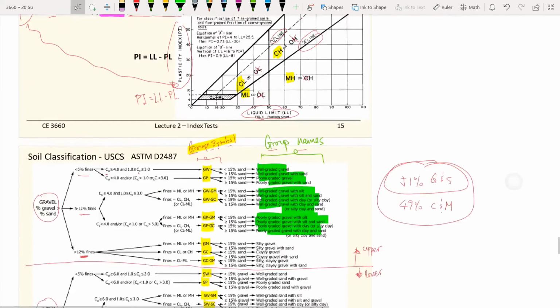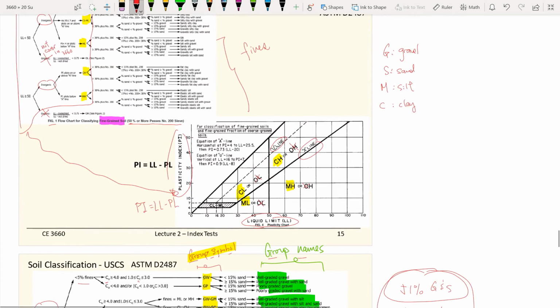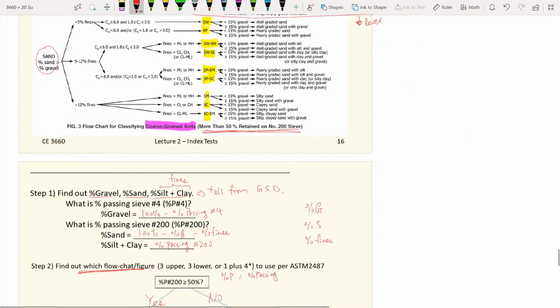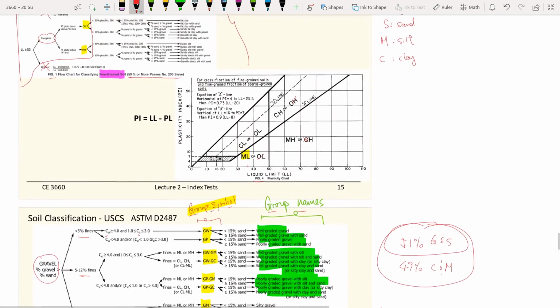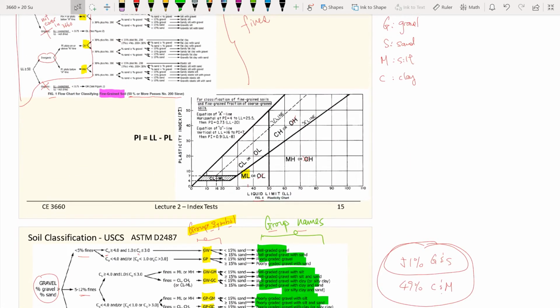So if we go back to this chart, we have a liquid limit of 38 and a plasticity index of 29.